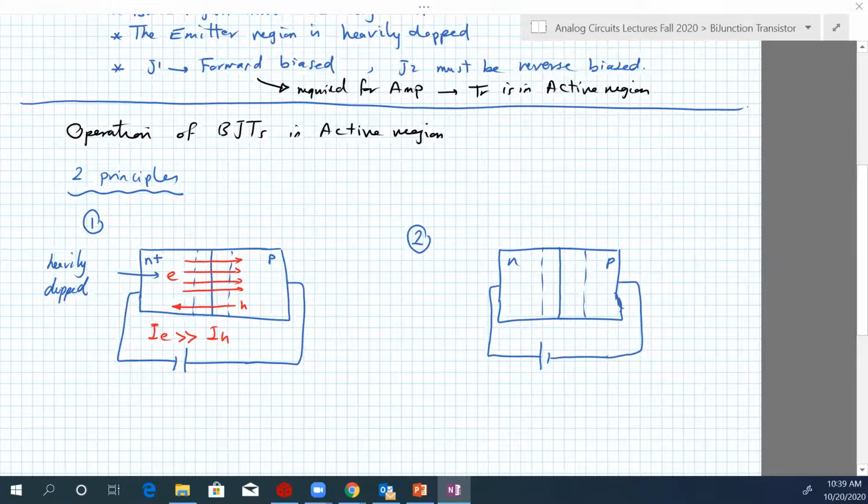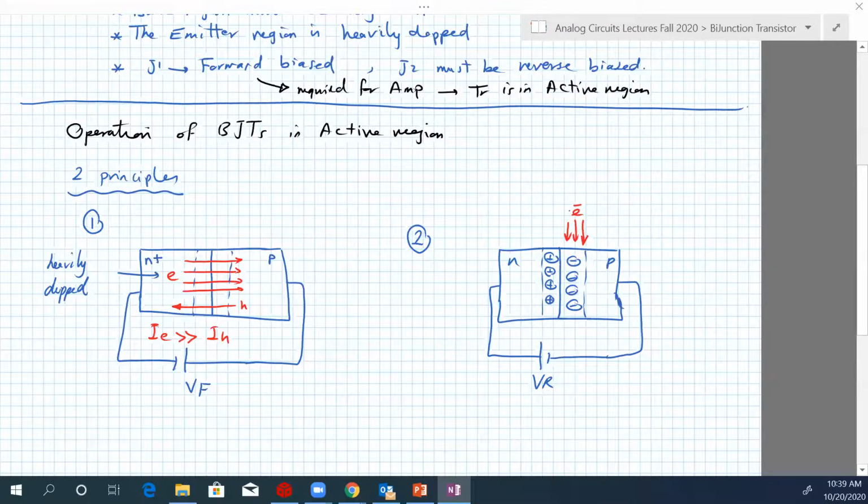We know that there will be no current flowing, only the saturation current, which is very small. You will have positive ions here and negative ions here, and here is V reverse. What if somehow we inject electrons from here?